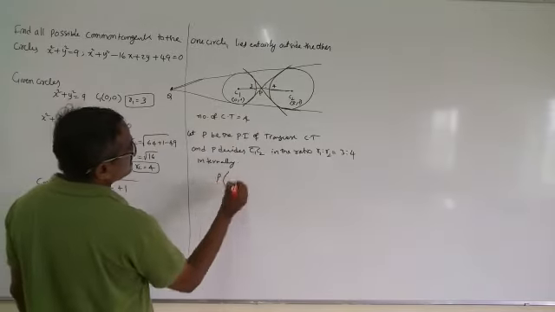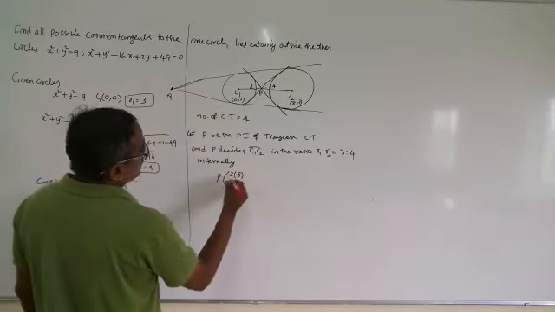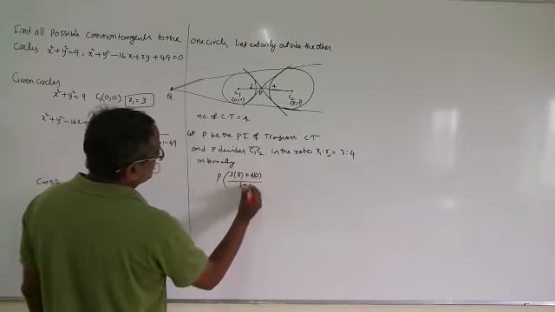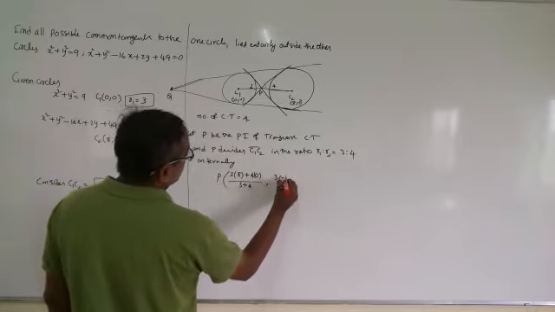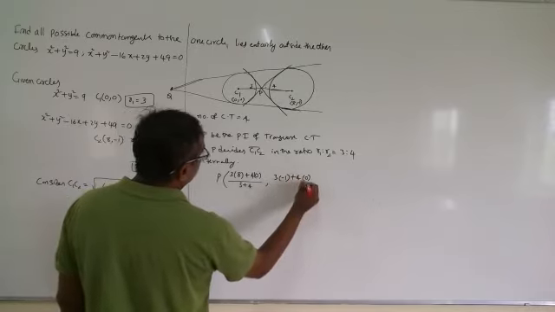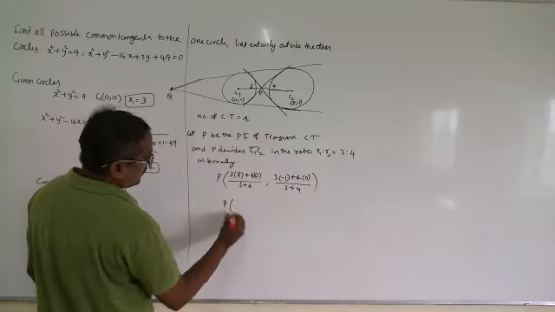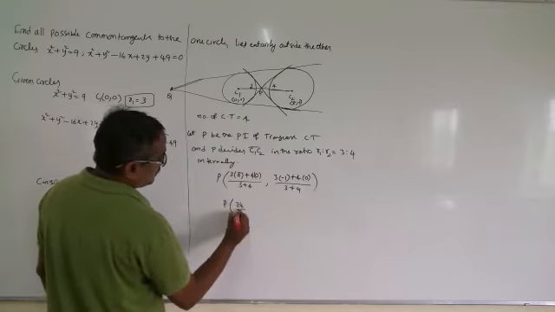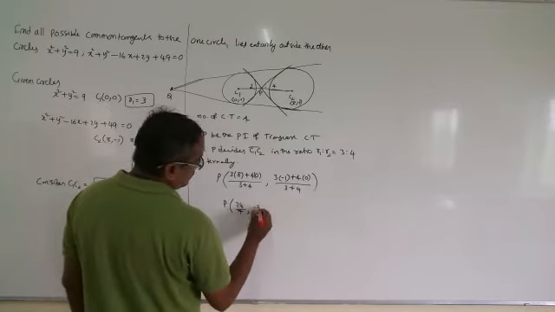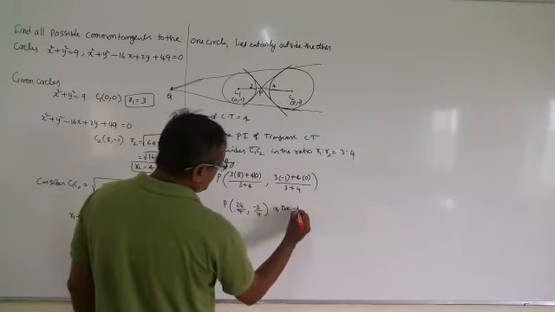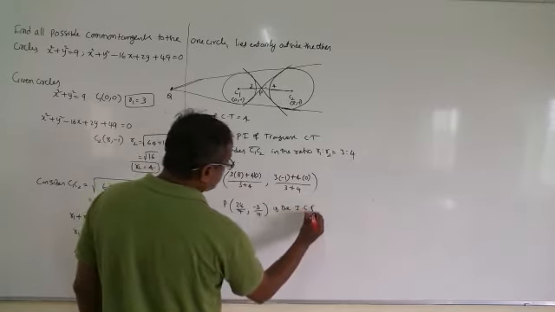So P is (3 into 8 plus 4 into 0) by (3 plus 4), (3 into minus 1 plus 4 into 0) by (3 plus 4). So P is (24 by 7, minus 3 by 7), the internal center of similitude.